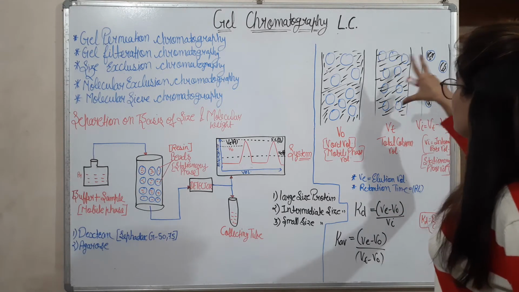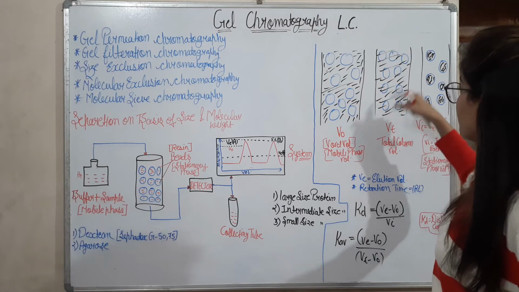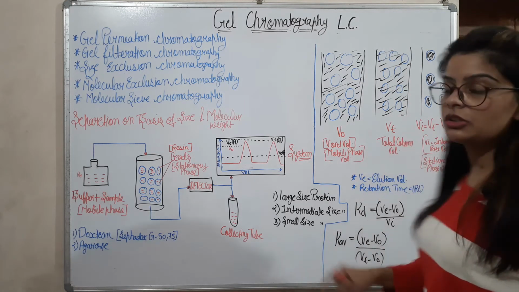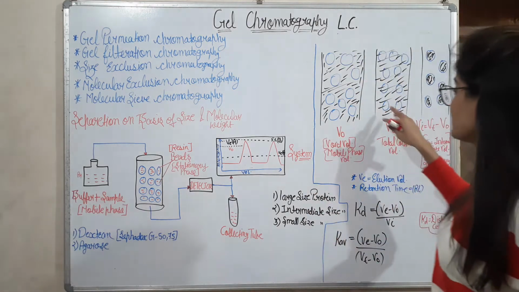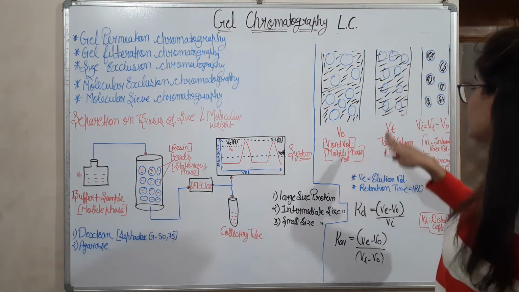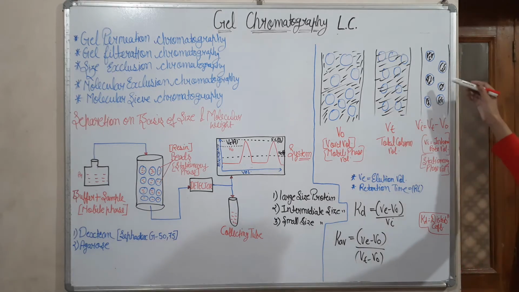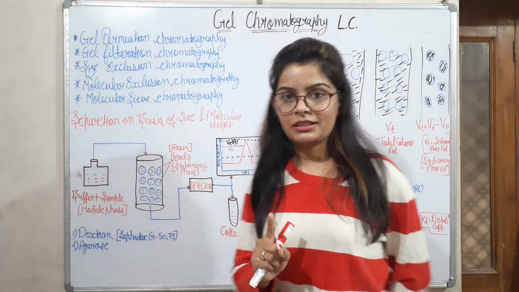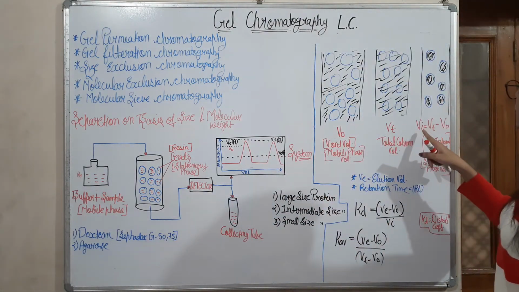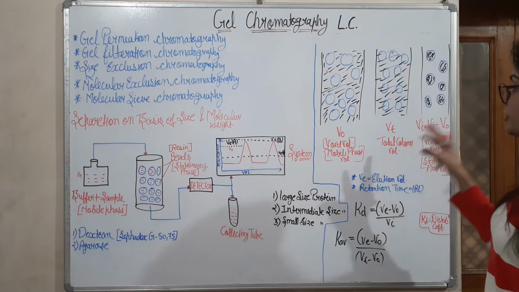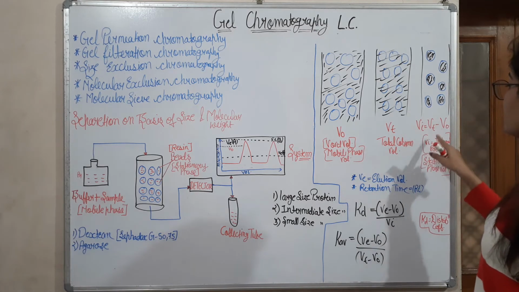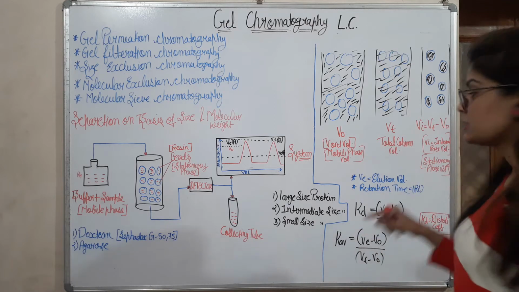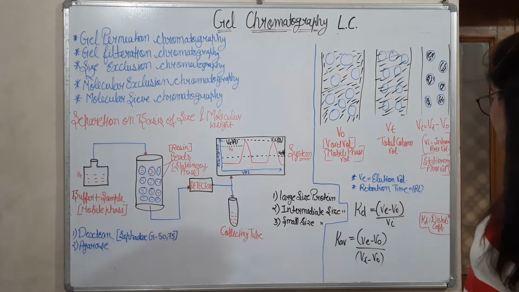The whole column is marked by the black color, so this is the whole volume, total volume, denoted by VT. Here the stationary phase and the mobile phase both are collected, and here only the beads volume, that is, only the stationary phase volume, is shown. This is denoted by VI, inner volume, and it can be calculated by VT minus VO. Clear? It is known as inner pore volume or stationary phase volume.